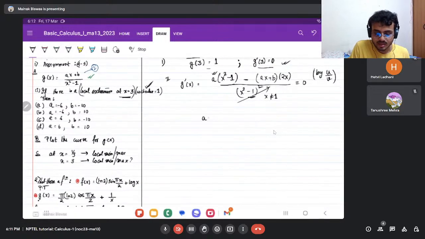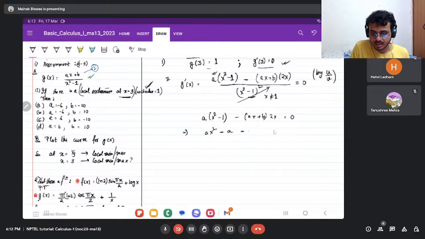So we'll get a(x square minus 1) minus (ax plus b) into 2x equal to 0, which is nothing but ax square minus a minus 2ax square minus 2bx, right? This is your derivative, g dash of x. Is this correct? Yes. Good.